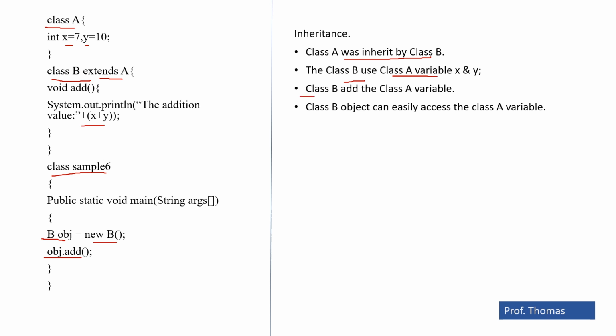The class B object can easily access the class A variables because class B inherits class A.